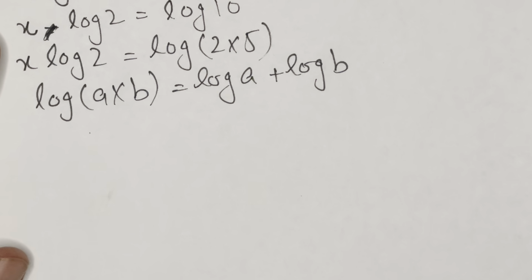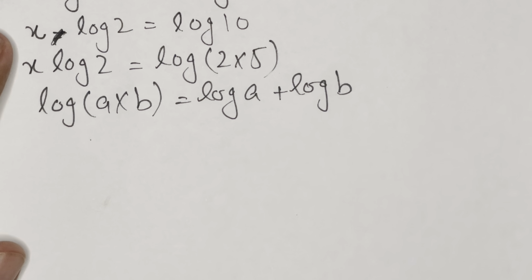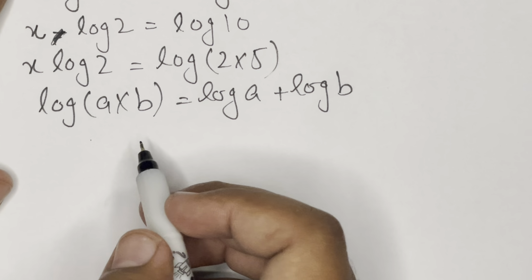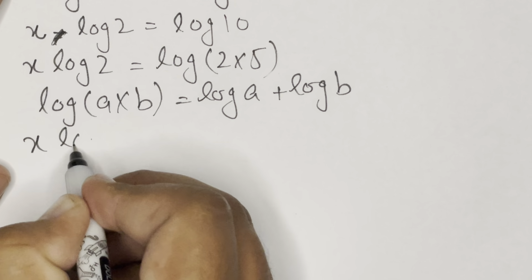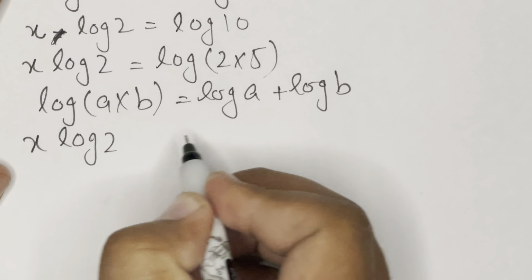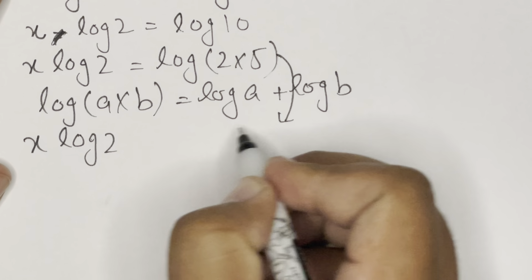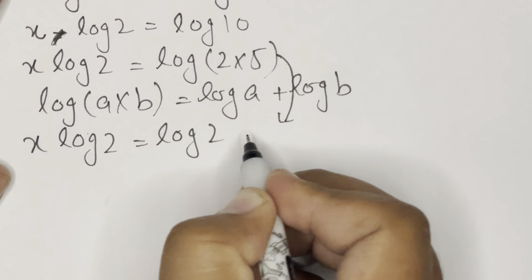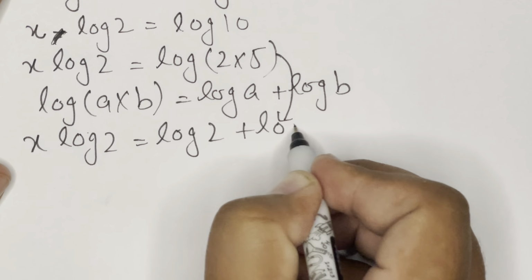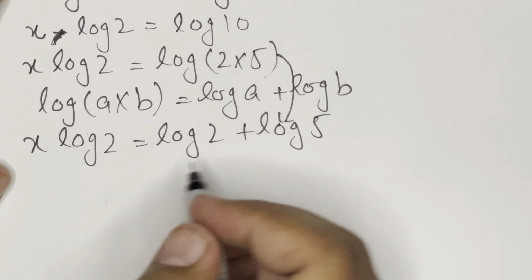Now I can write it like that: x log 2 equal to log 2 plus log 5.